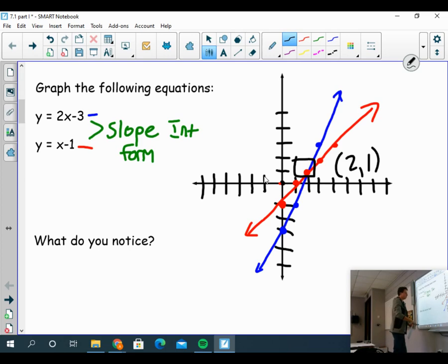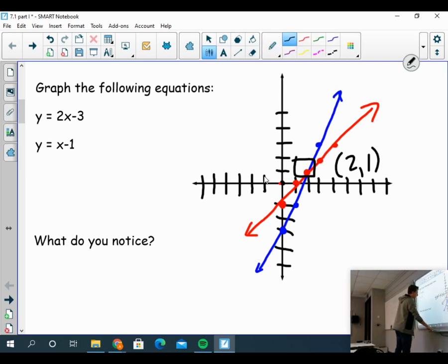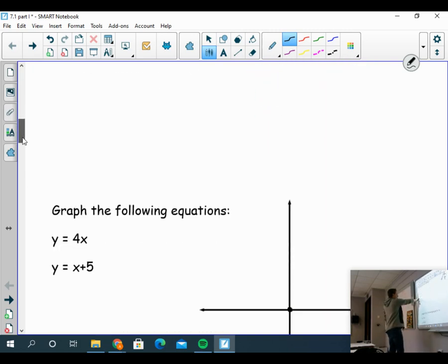Now, what's interesting about this is what if I wanted to solve these equations? What if I didn't have a graph? Well, we're going to get into that in later sections. What you need to recognize for now is when I graph two lines, where they intersect is going to be a very key point. Okay?